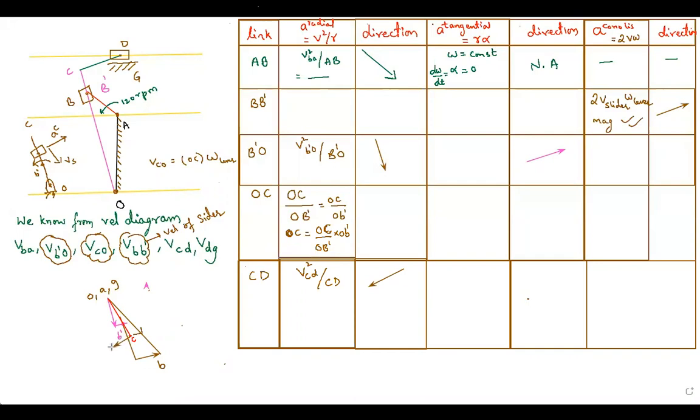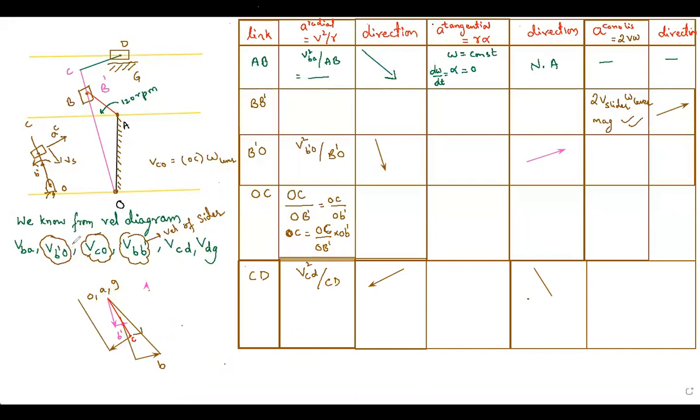Just draw a line which pulls it inwards in this direction, parallel to that length. Maybe this is the length, yes. And then we have to draw a tangential component for which we don't have the magnitude. We don't know the arrow, so it will be just perpendicular. We know the direction, and that will be perpendicular to the line, right? So take a perpendicular to this line and just draw it upwards. So you got the tangential component. The other one is the radial component.